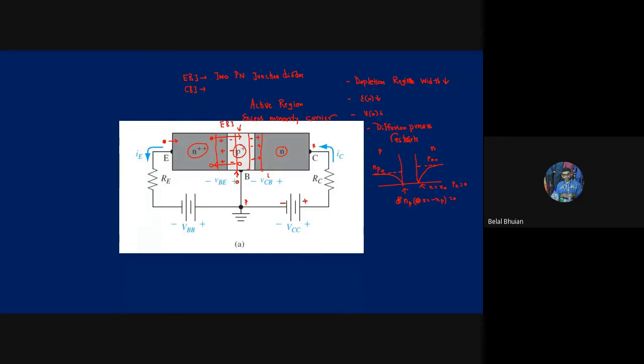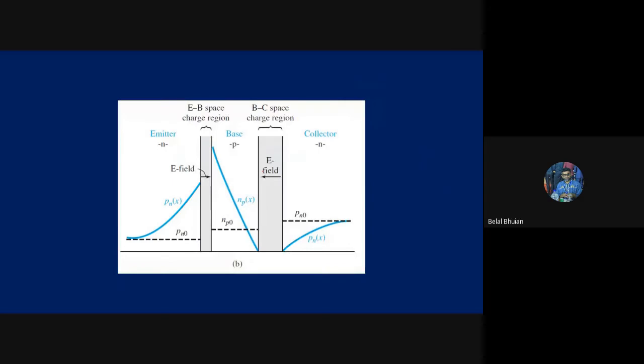Now that we learned these things, we can immediately know what the carrier profile looks like. It looks like this. This is our emitter side, in an NPN, where the majority carrier is N and the thermal equilibrium minority carrier is pn0.